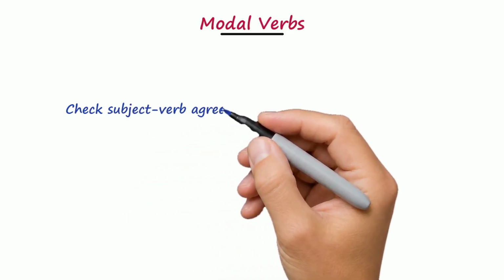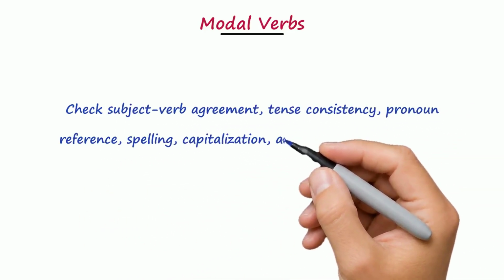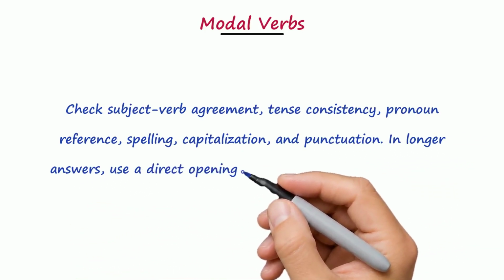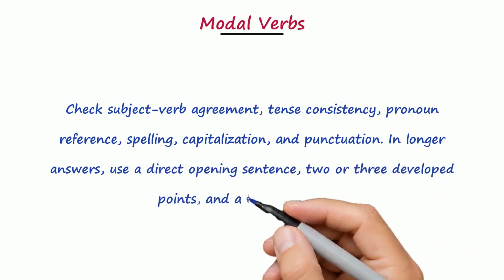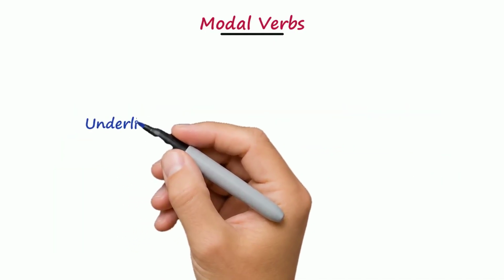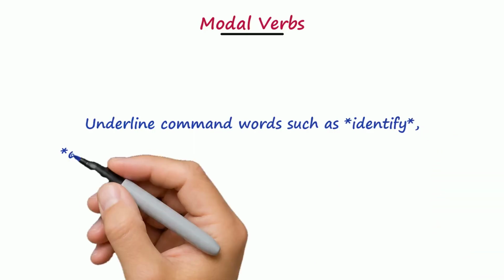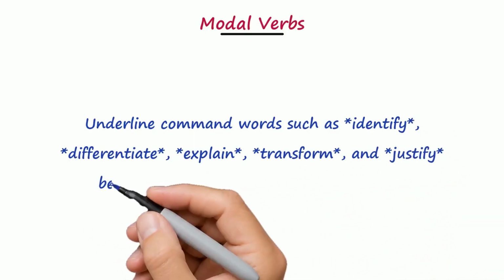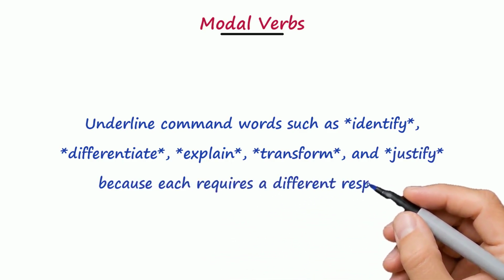Check subject-verb agreement, tense consistency, pronoun reference, spelling, capitalization, and punctuation. In longer answers, use a direct opening sentence, 2 or 3 developed points, and a brief conclusion. Underline command words such as identify, differentiate, explain, transform, and justify, because each requires a different response.